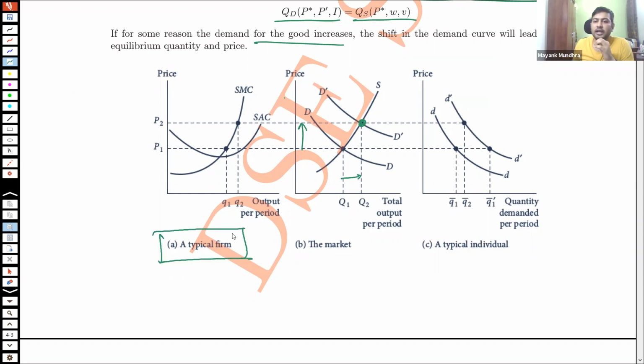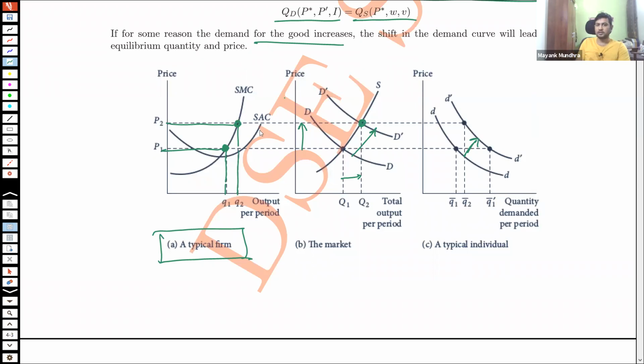So let's look at what's happening at the level of a typical firm. Initially it was producing at this level of price and quantity. Now, because of this increase in demand coming from individuals, which leads to a shift in the demand curve of the market, each individual firm is now supplying a higher quantity and selling it at a higher price.